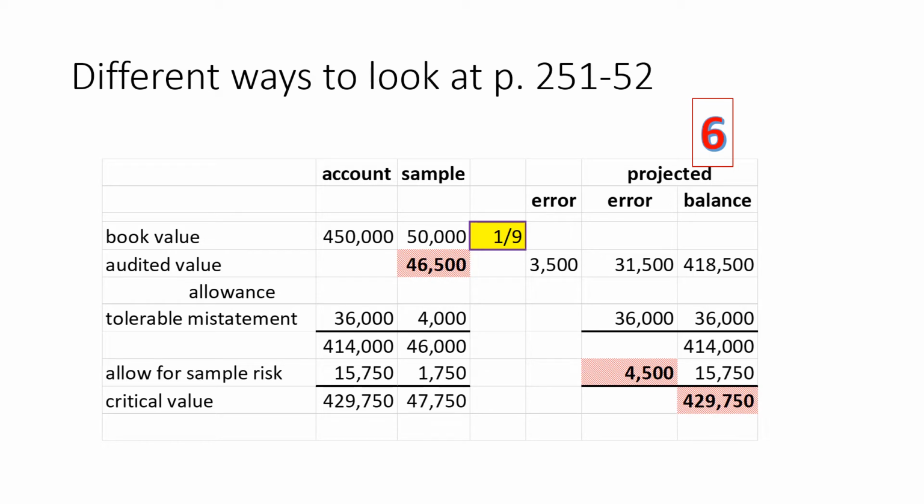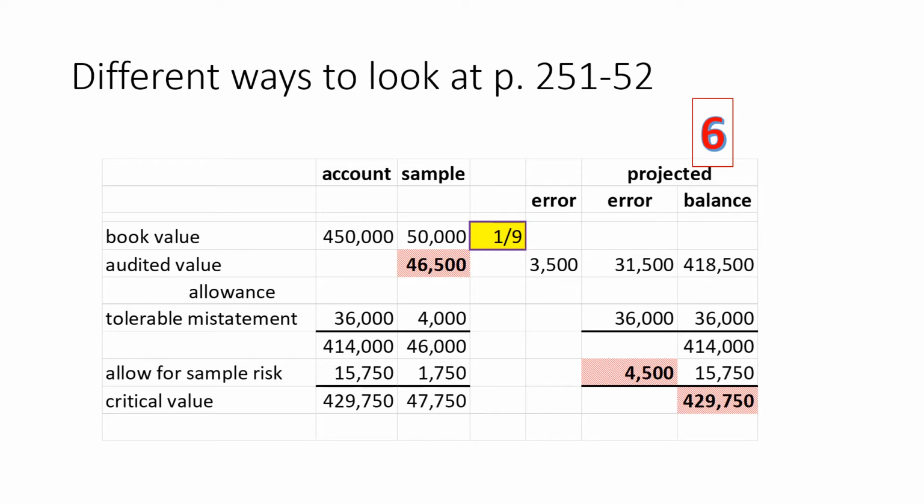sample result would indicate that I have a book value of 418,000. If I take the 450,000 book value and subtract my projected error, I get an estimate of 418,000.